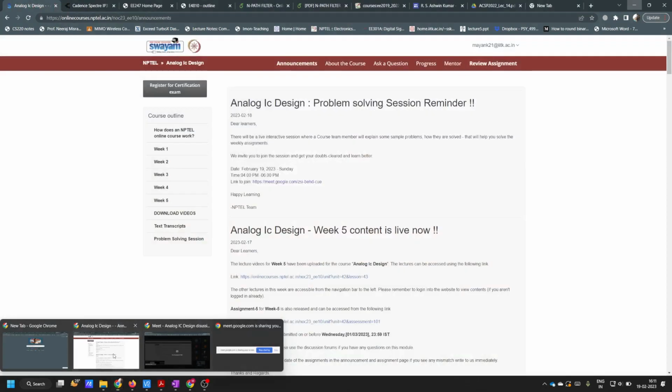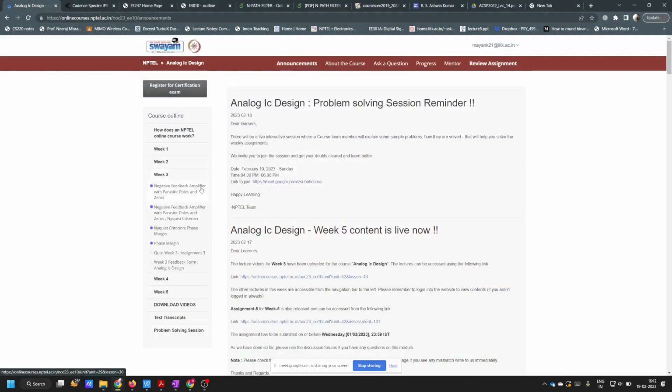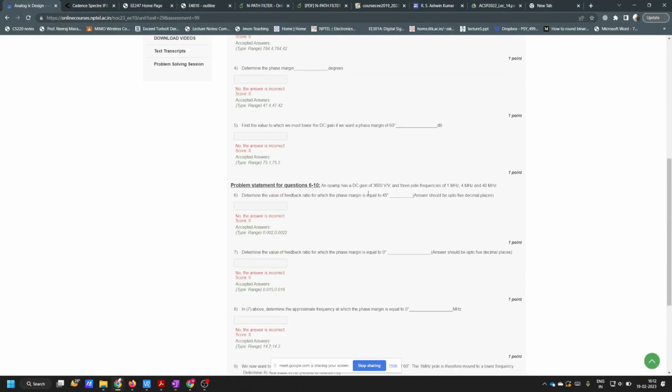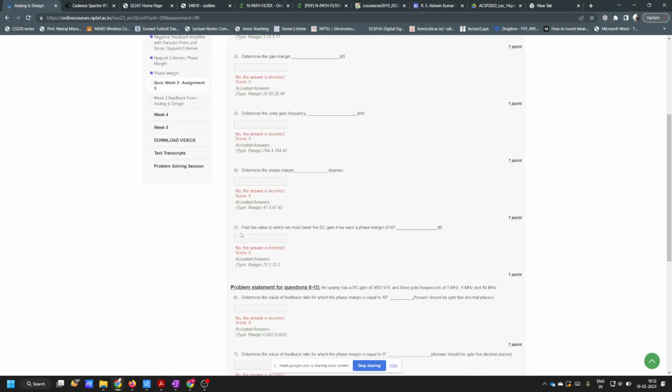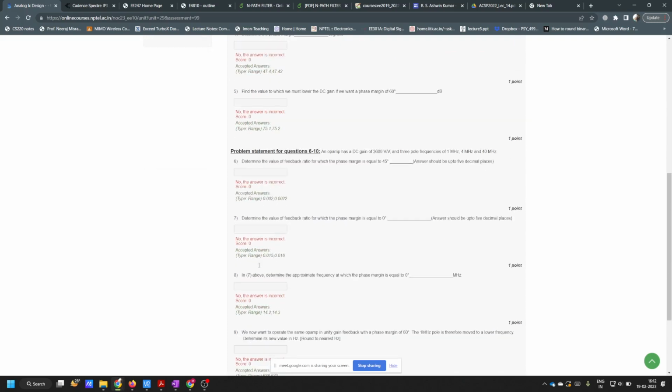So this is assignment 3, right? What is the problem here? The sixth problem, the feedback factor. Basically, you have to find the value of k here. Do you understand what I'm saying?